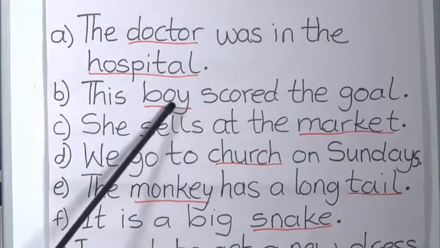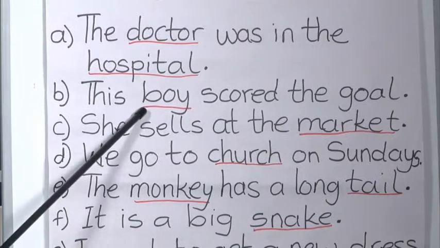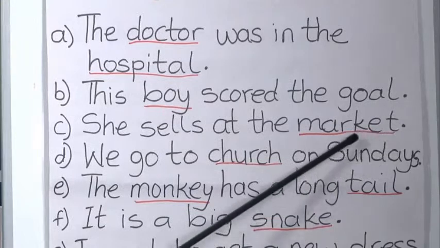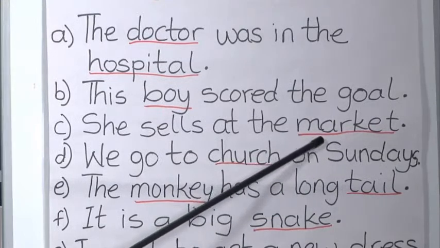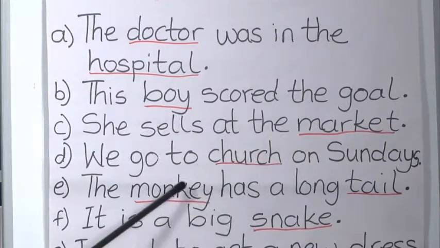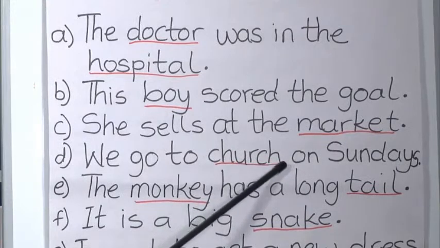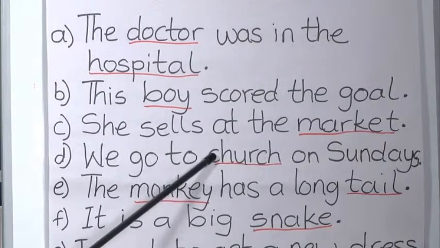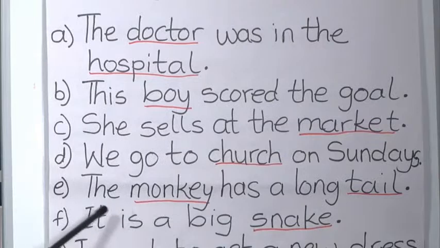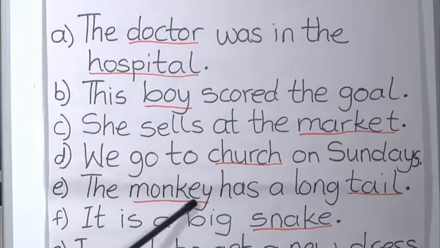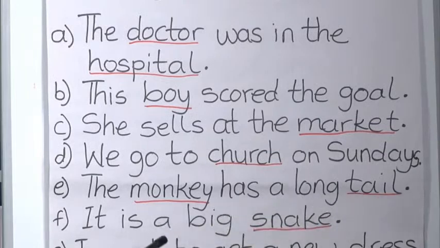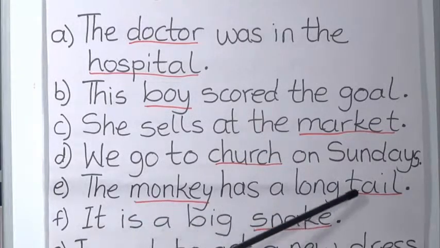Boy, also beginning with a small letter. Market begins with a small letter. Church, as you can see, that also begins with a small letter. Monkey and tail also begin with small letters.